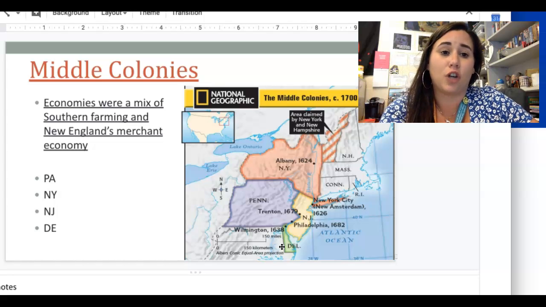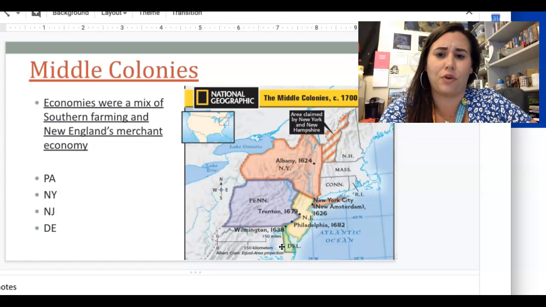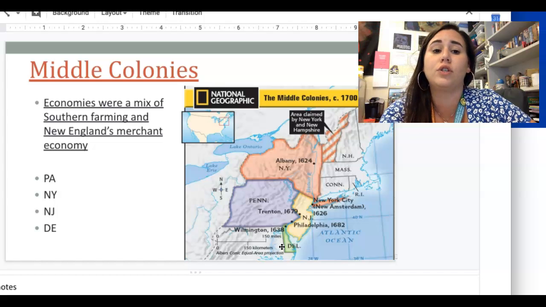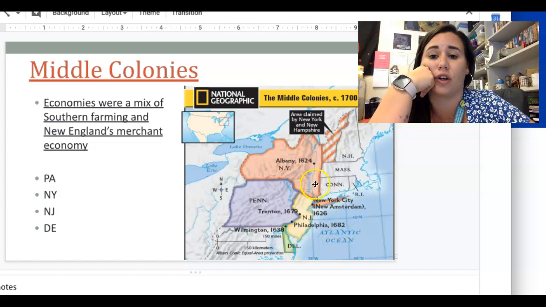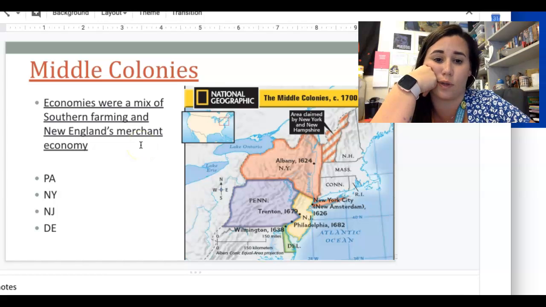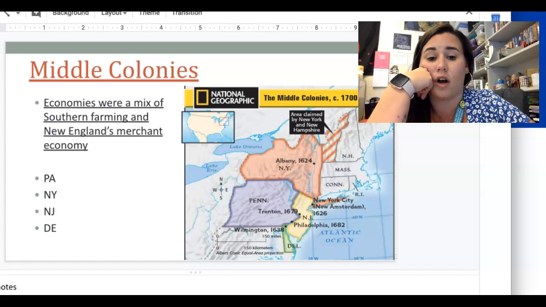Instead of the cash crops that you see in the South, like tobacco and indigo, the middle colonies are going to be known as the breadbasket. They're going to grow things like wheat and corn. But they're also going to have a good mixture of the merchant economy as well. New York is going to be one of the biggest ports for trade and also the colony's financial center.